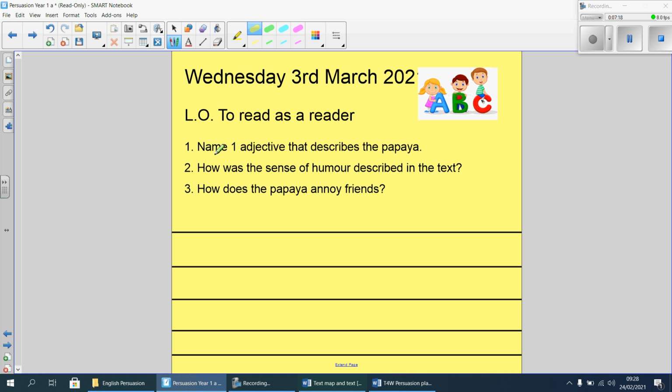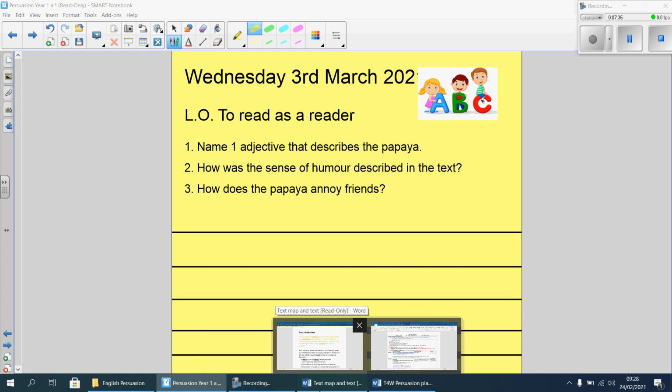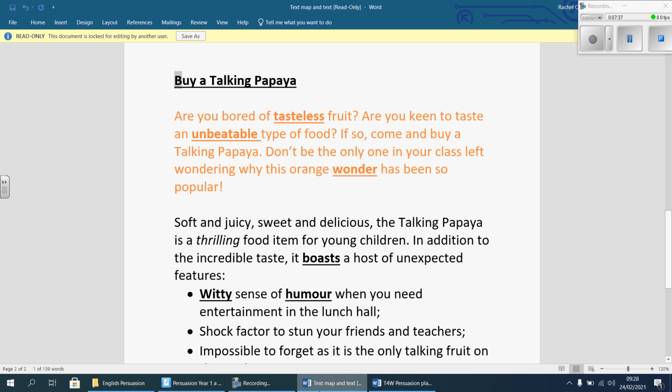First question. Name one adjective that describes the papaya. So, what adjective do they use to describe the papaya? Sweet and delicious. So I could have soft and juicy or sweet and delicious.